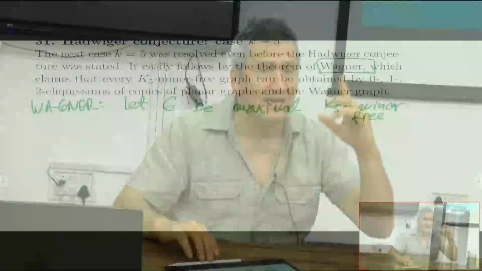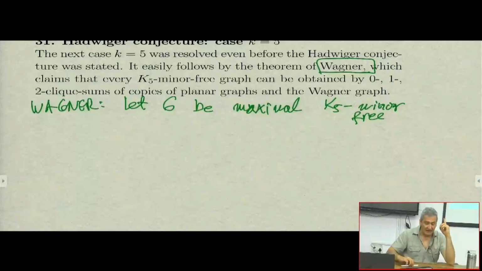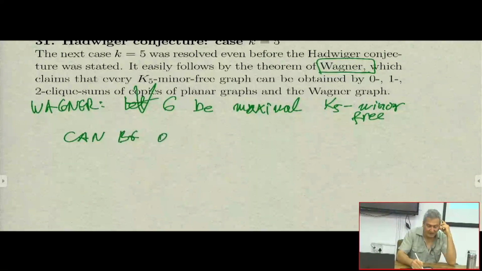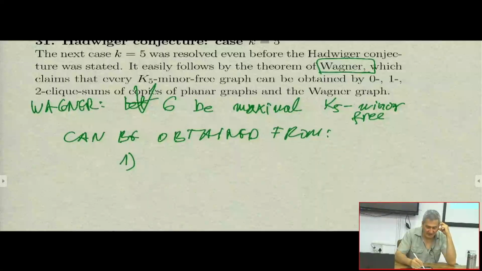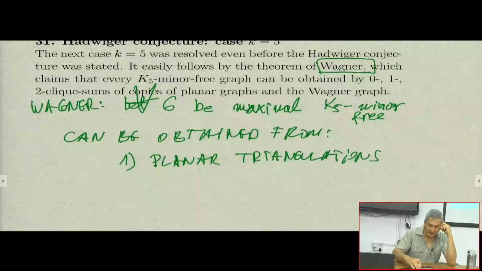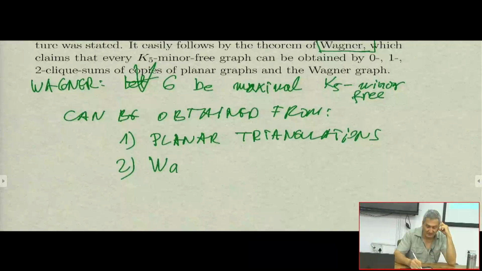Okay. He characterized them. Every maximal K5 minor free graph can be obtained from cliques, planar triangulations, and the Wagner graph, as we call it.